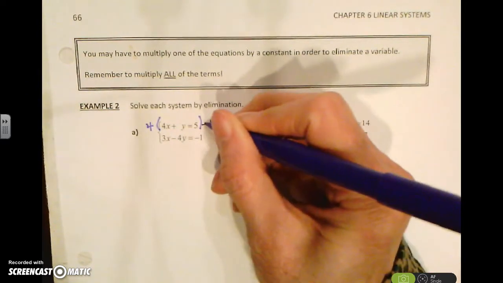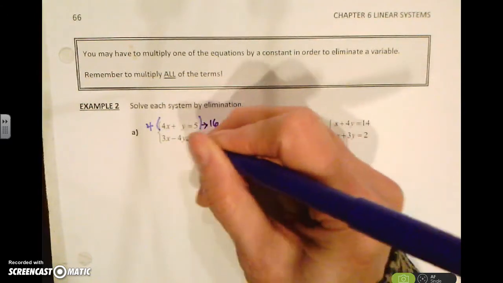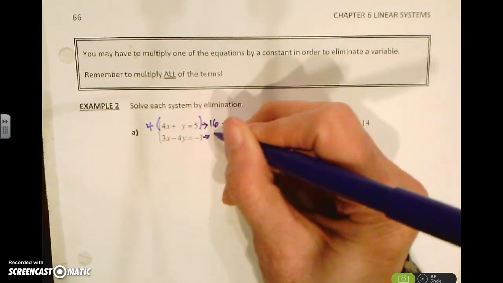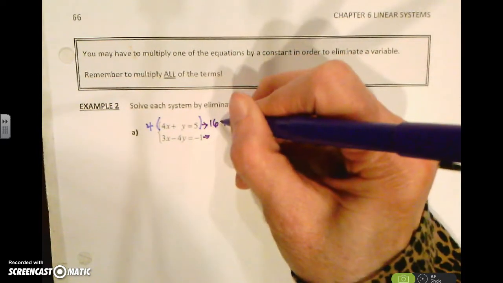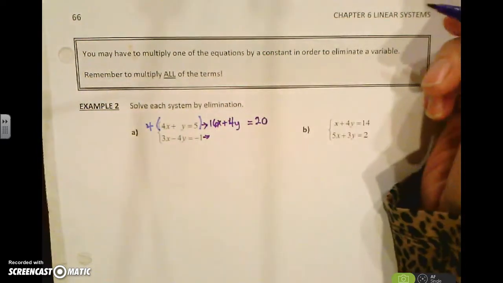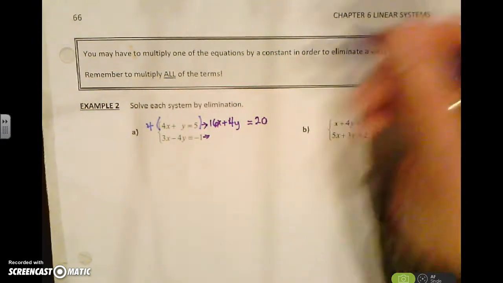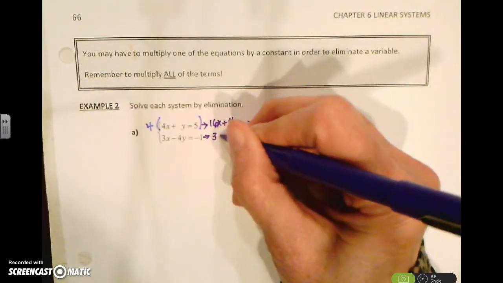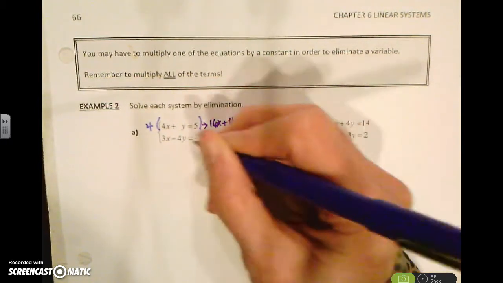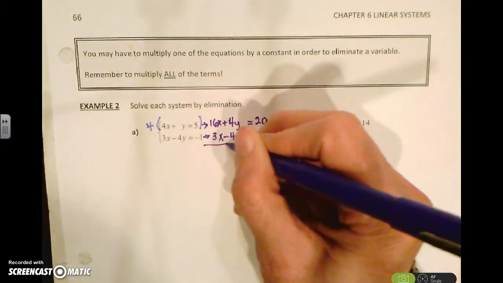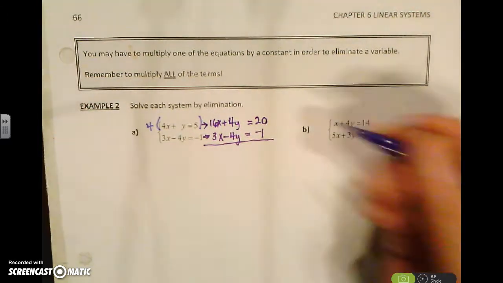Now I'm just going to copy this over right here. I left my x off right there, so get that x in. So then I'm going to write underneath it 3x minus 4y is equal to negative 1. So I just copied that over. You have to be very careful not to make a careless mistake.